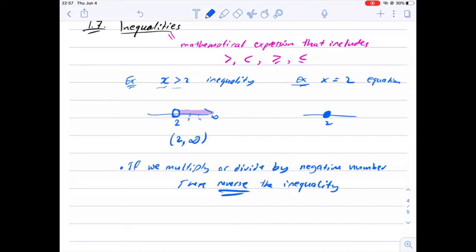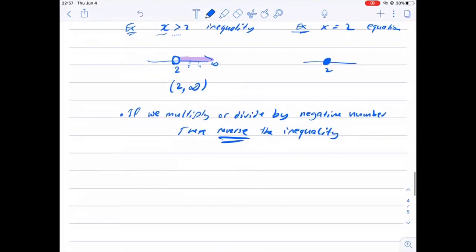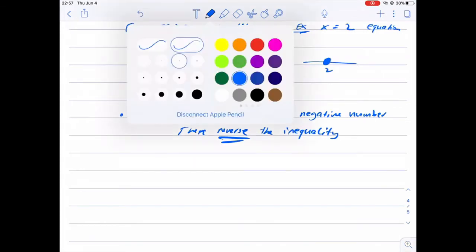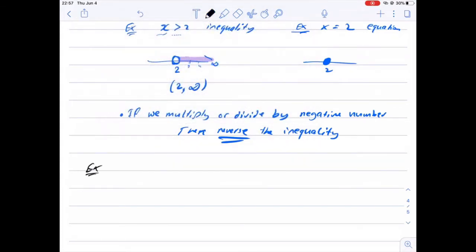Now, solving inequalities is very similar to solving equations, but we need to add some more steps. So how to solve inequalities? For example, if we have 2x less than 4, to solve this inequality, we imagine that we have an equation.